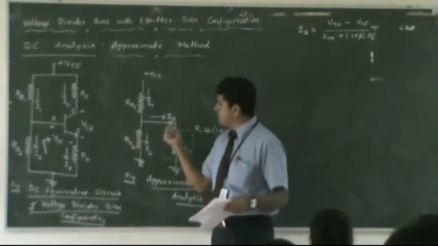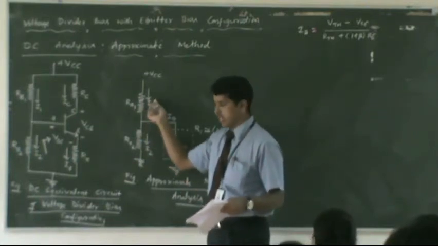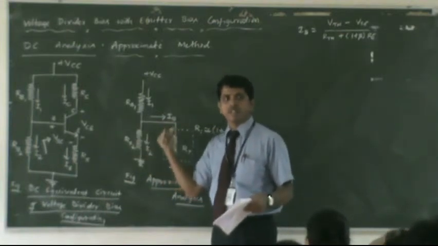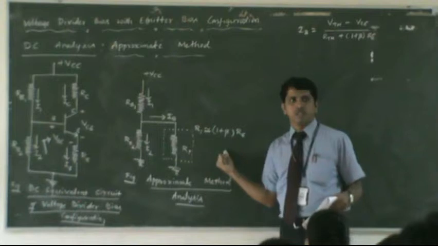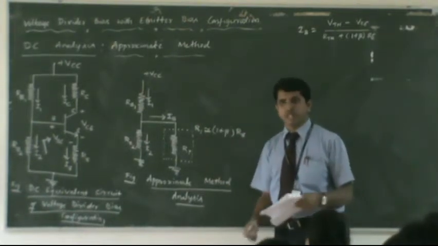Very small, negligible. Then definitely the current I1 flowing here will be exactly equal to I2. This current is neglected because this value is very, very large. These are the assumptions we are making right now.